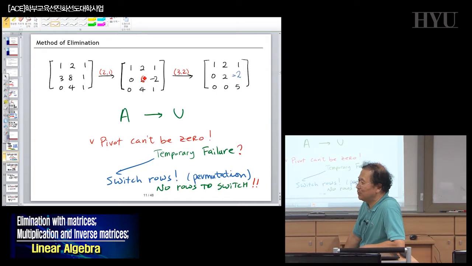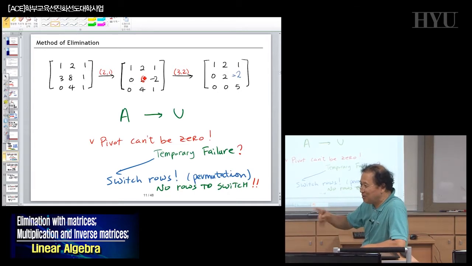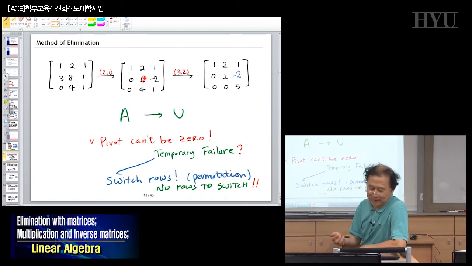So what are you going to do, just stop there? Just exchange rows, right? Once we exchange rows, then we can solve the problem. So when you have such a problem, we temporarily fail it, and by switching rows, we can continue.